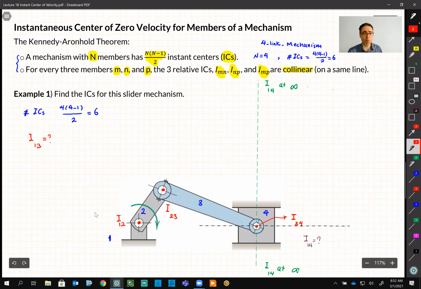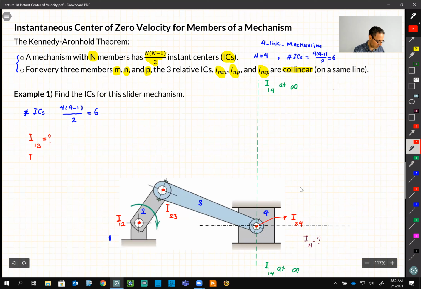And here we have I12, I23, I34, and I14. We have 4 of them. We want to find the rest. We want to find 2 more, and that's I13 and I24.